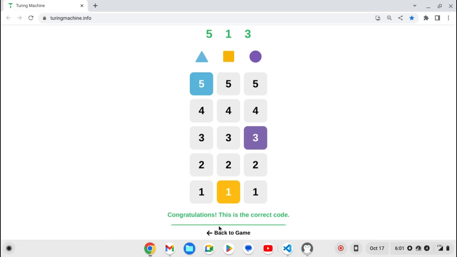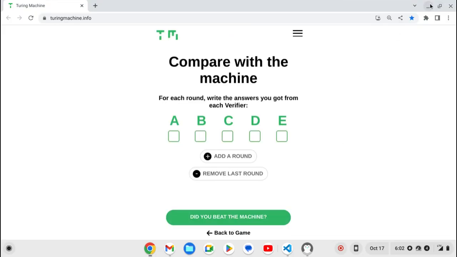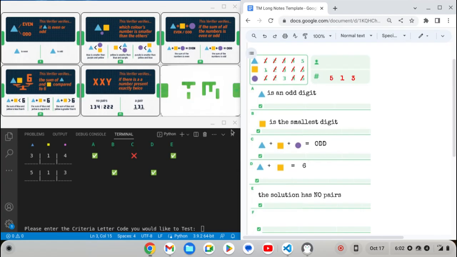Fantastic. And how do we do versus a Turing machine? Well, I think there were 5. There we go. We had 5 criteria cards, and we tested exactly 5. It had 5 tests. So in the first round we did ACE, C being the only incorrect.